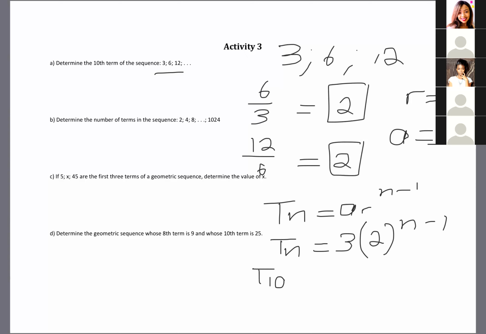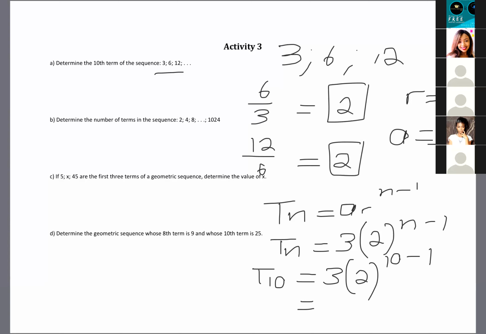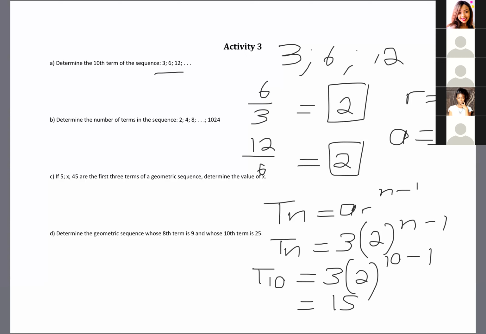So I'm going to say T10 is equal to 3 multiplied by 2 to the 10 minus 1. And then I just punch that in my calculator. What do I get? 1,536. Yes, that's perfect.